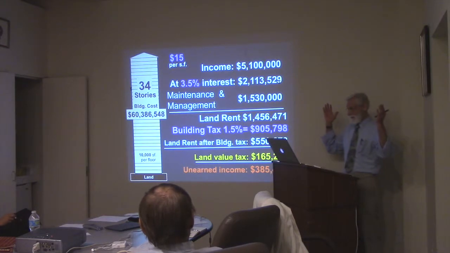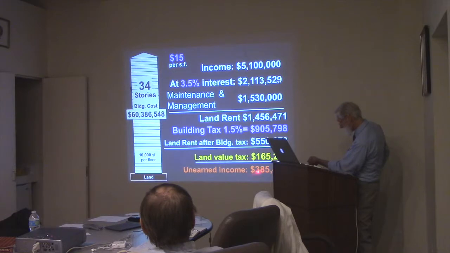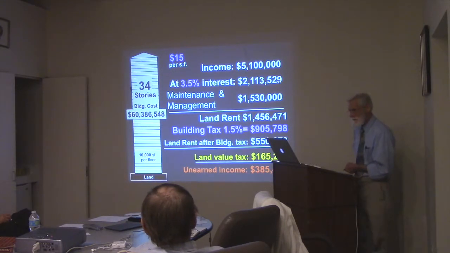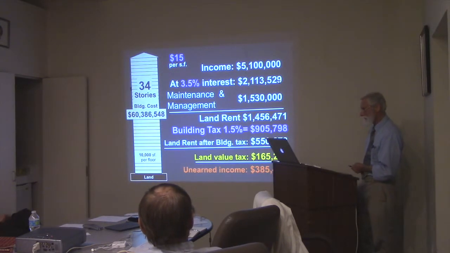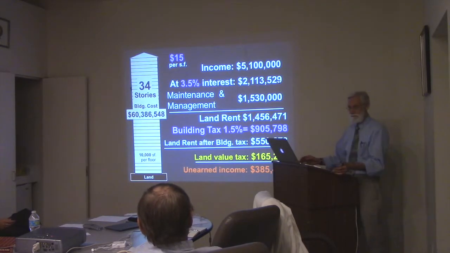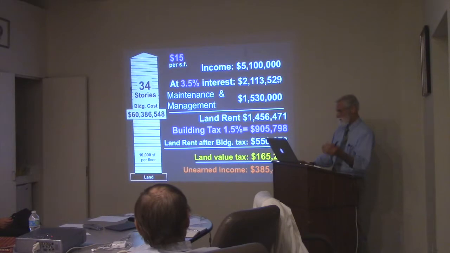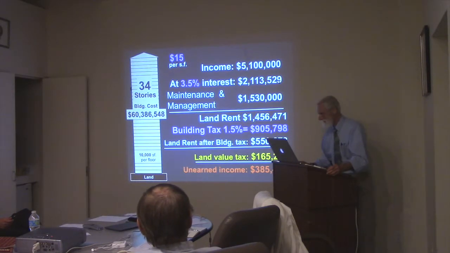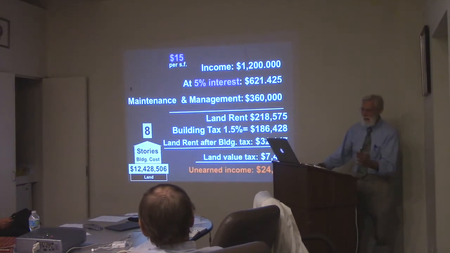And look at who benefited. Now the unearned income is up to $385,000 from what, 24,000 to 385? Oh boy. Well, every landowner would think this is only fair, isn't it? But at 5% interest, we're back to 8 stories.